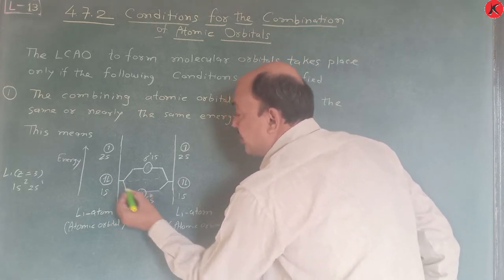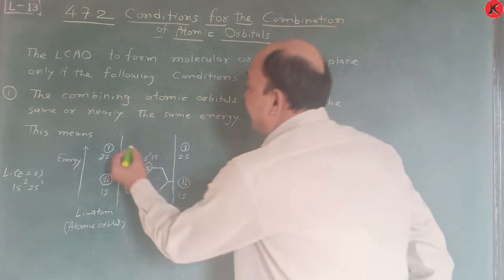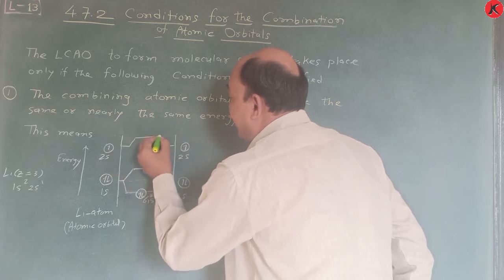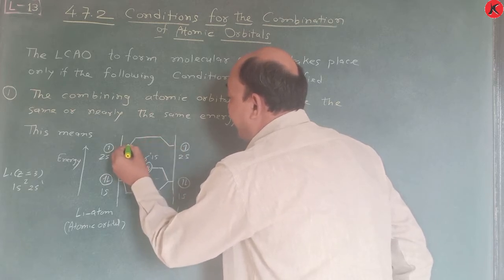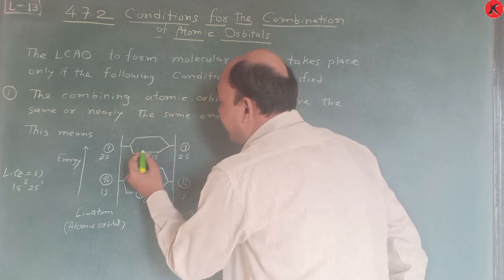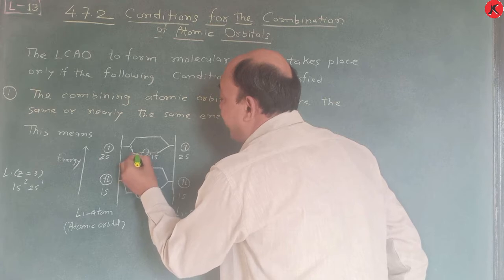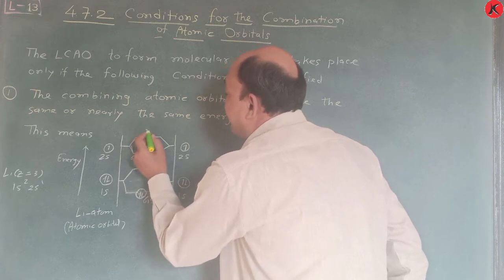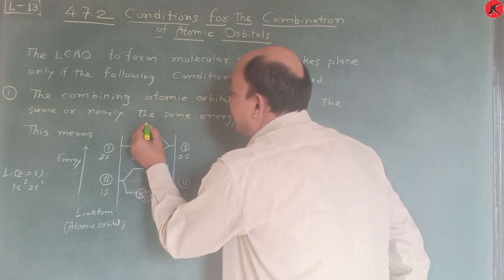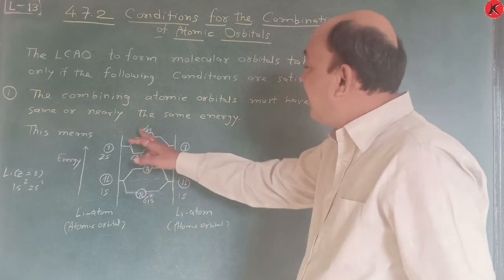According to this way, 4 electrons are there, so 2 are shared here, and once again 1 electron of each 2s orbital is there, and they share their electrons. This distance is the same, remember, and here we have sigma 2s bonding, and here sigma star 2s, which is anti-bonding.